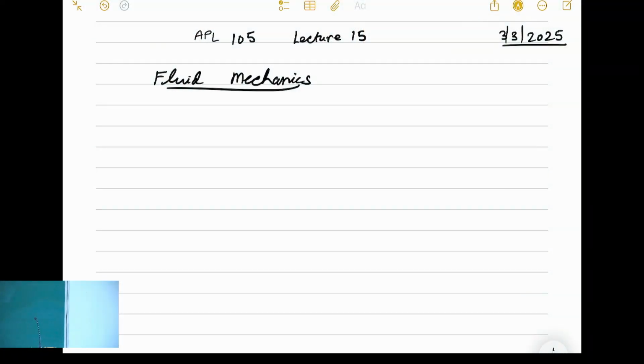We have already seen the definition of a fluid, and we have already talked a bit about the difference between solids and fluids. Does anyone remember?